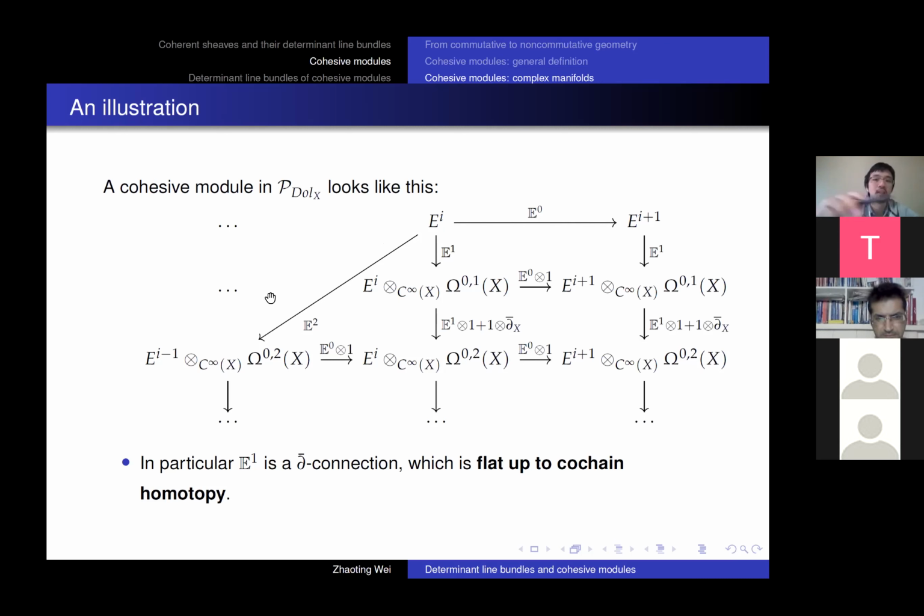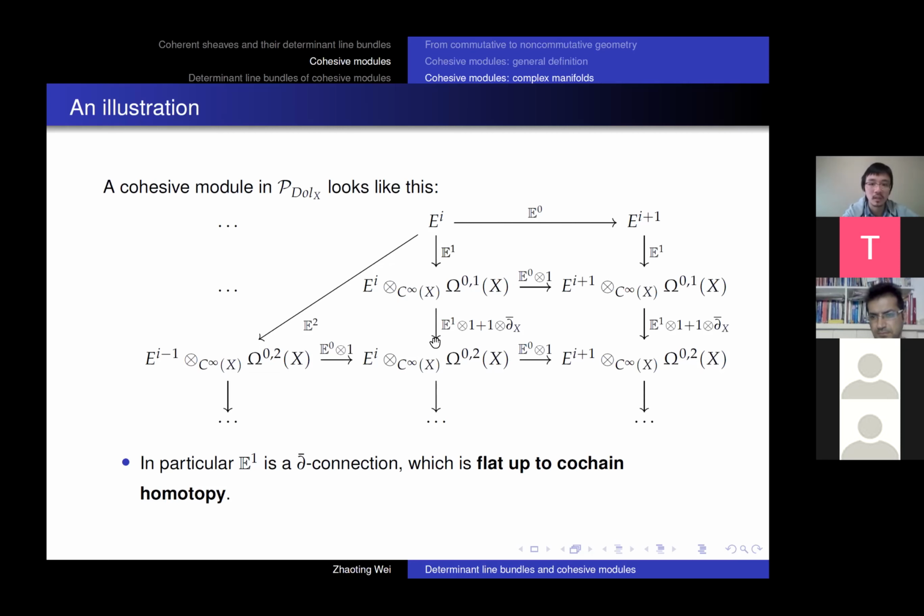The second point is, instead of requiring the d-bar operator to be flat, E1 composed with E1 equals 0, which was the original requirement, here we just require that E1 composed with E1 is flat up to cochain homotopy. That is, E0 is the differential of the cochain complex, and E2 is the homotopy operator.